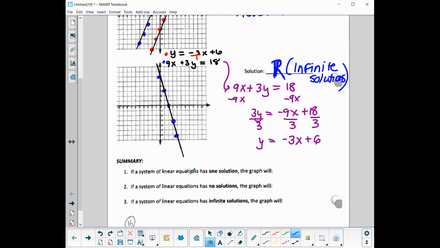So if a system of linear equations has one solution, the graph will cross at one point. If a system of linear equations has no solutions, the graph will never cross.